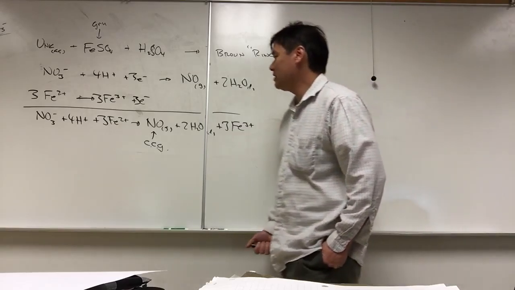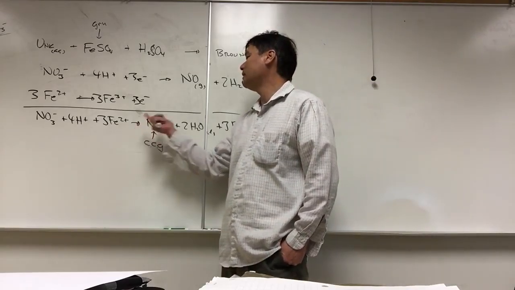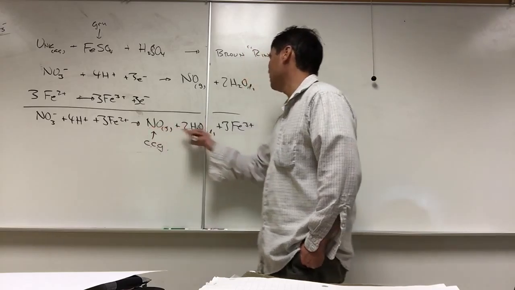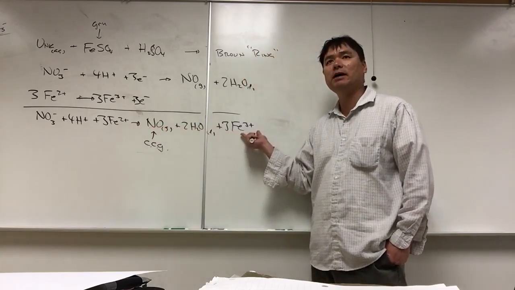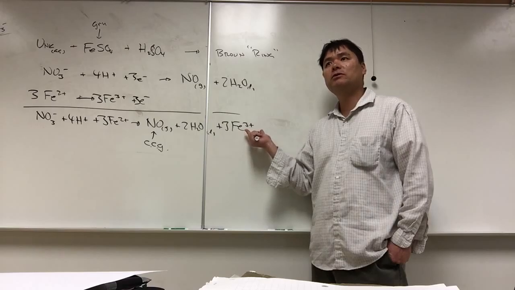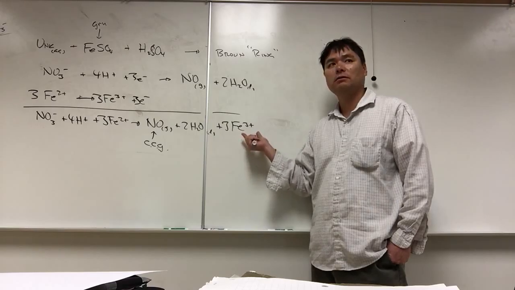Well, we need some central metal that it can bind to. So is the NO going to bind to, well, it can bind to iron 3, but does it bind to iron 3? No, it's going to bind to iron 2.